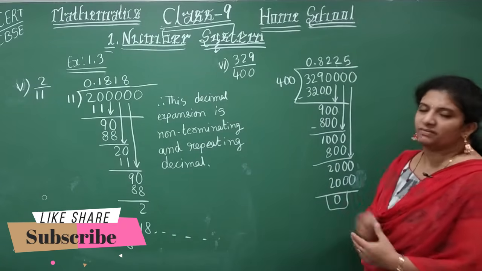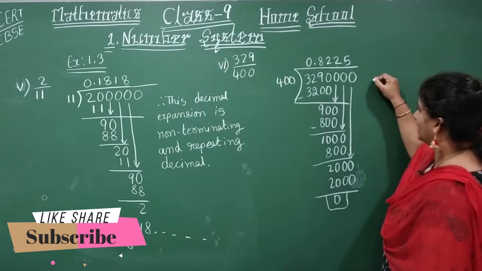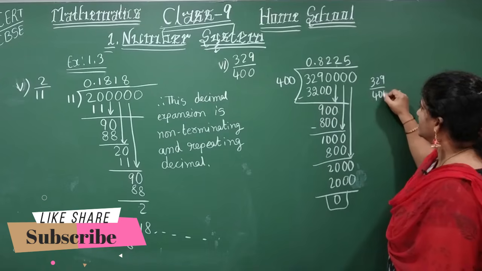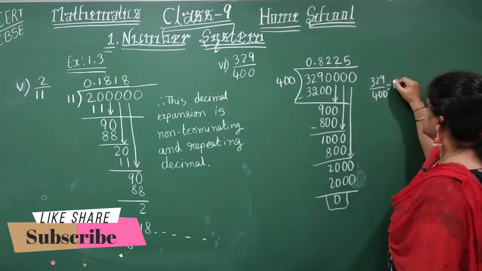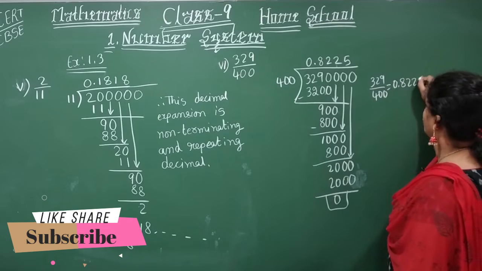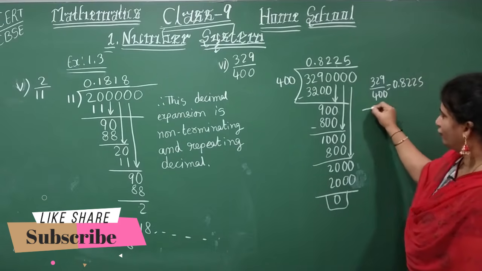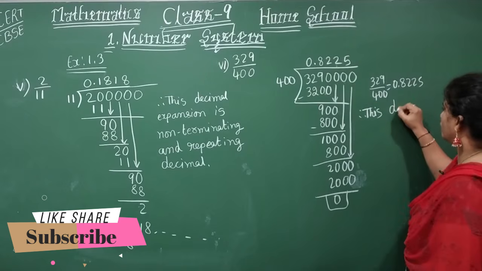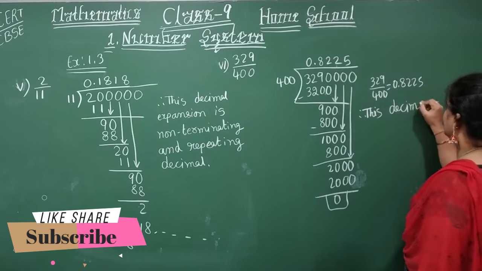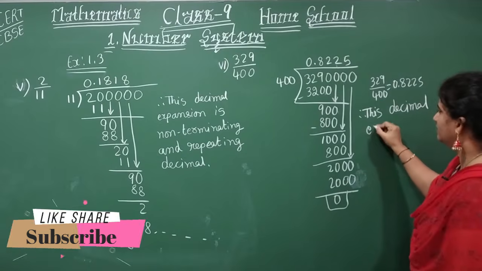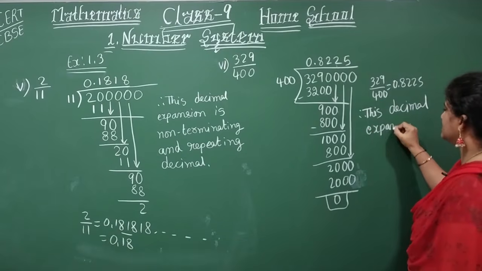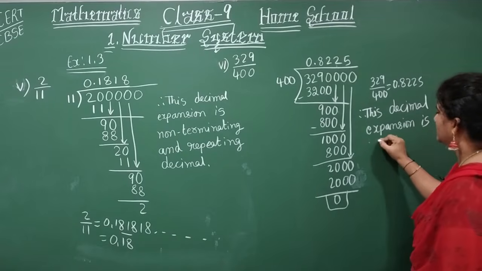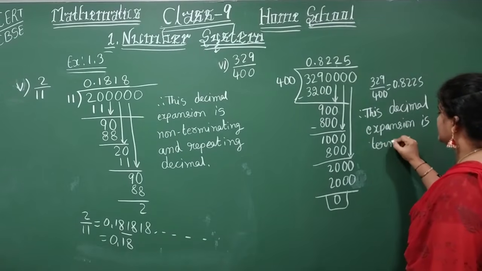So this decimal expansion, we are going to write that 329 by 400 is equal to 0.8225, and therefore this decimal expansion is a terminating decimal.